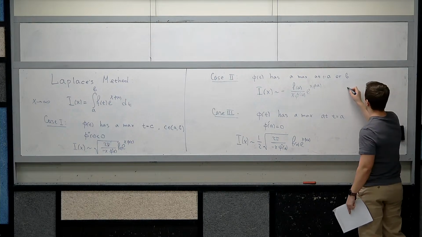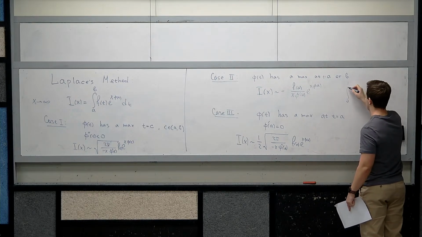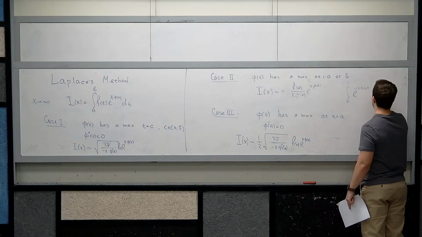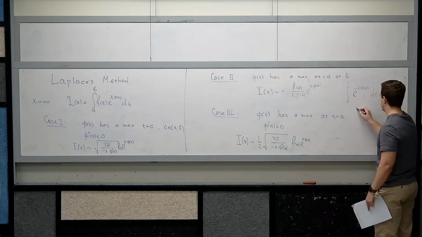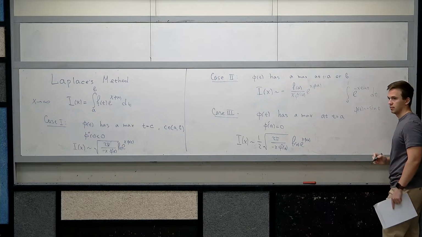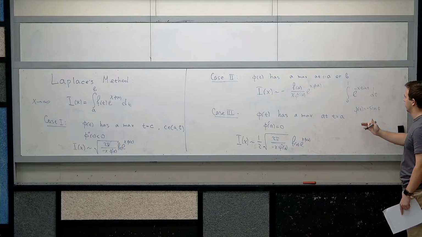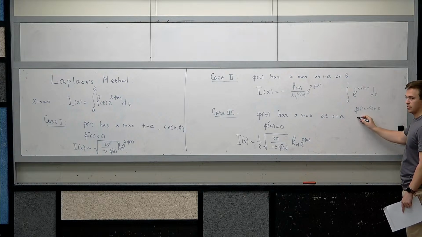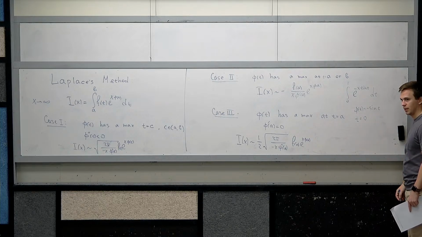For example, you have the integral from 0 to 1 of e to the minus x sine t dt. So phi of t in this case is minus sine t, right? Where is the maximum of this function from 0 to 1? Obviously at t equals 0. Okay?